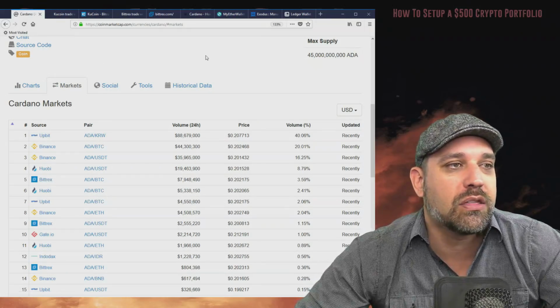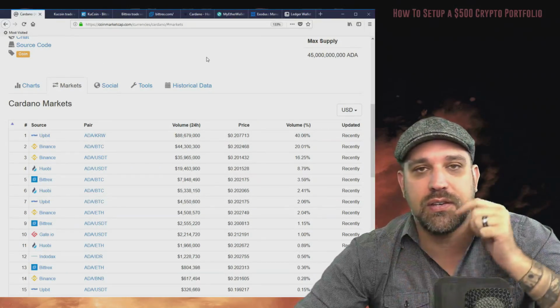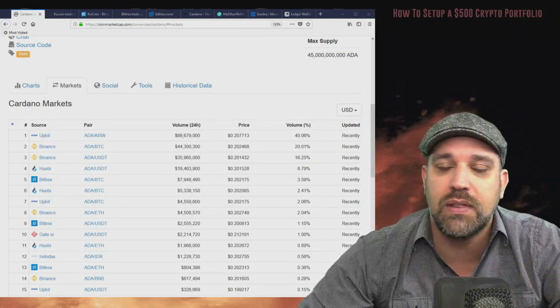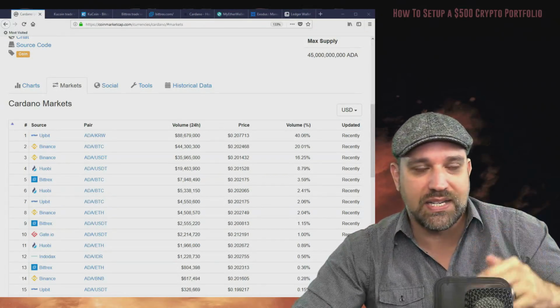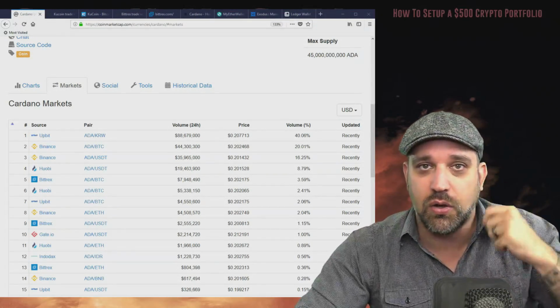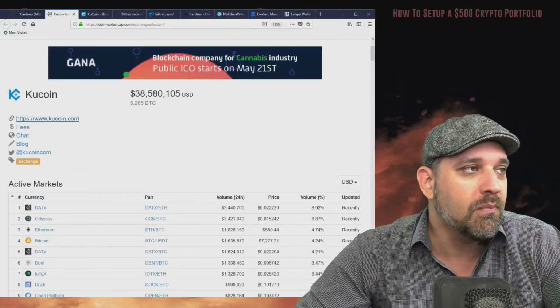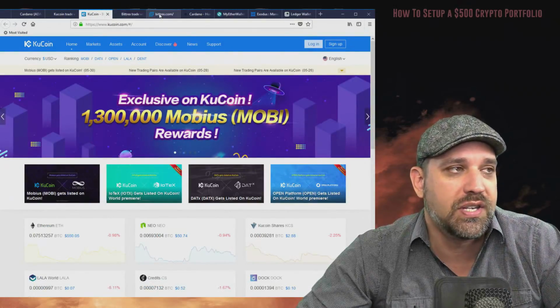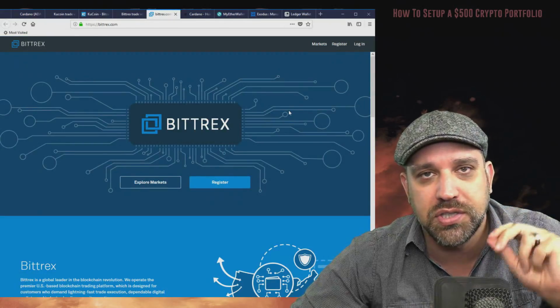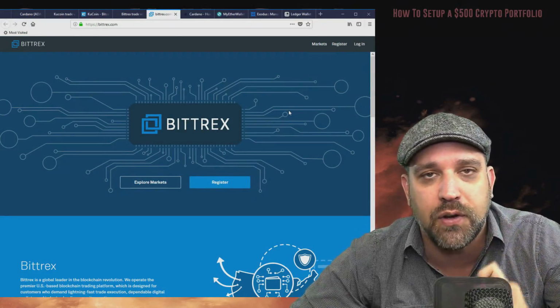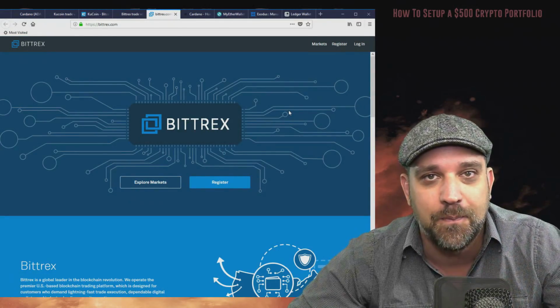So when you're going through your list, okay, I've given you the diversification example. Make a little list of all the exchanges that carry the coins that you want to buy, and then set up accounts on those exchanges, okay? Always use Google two-factor authentication on every exchange account you set up.